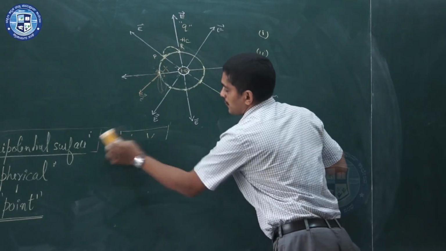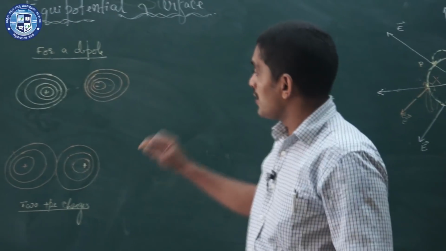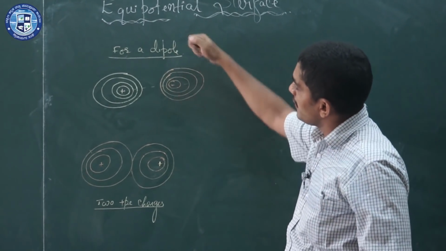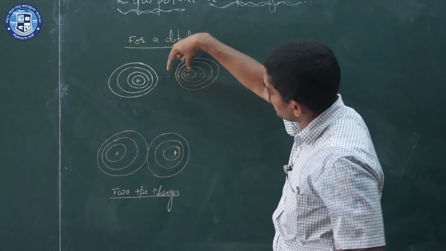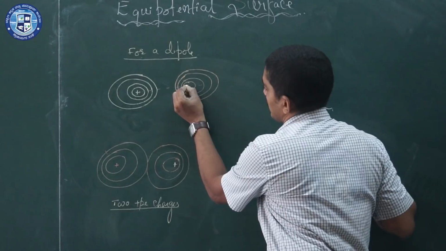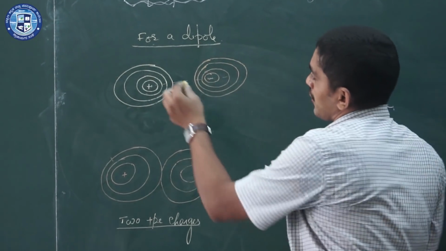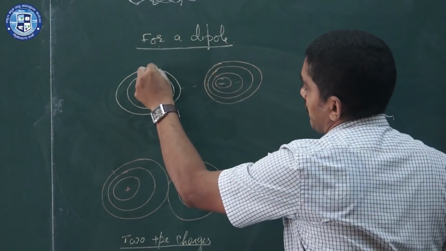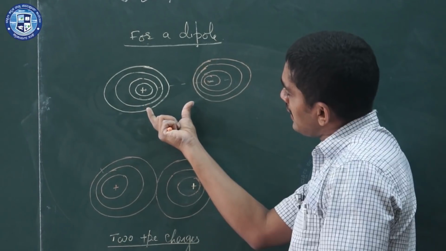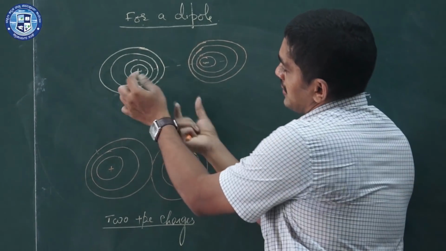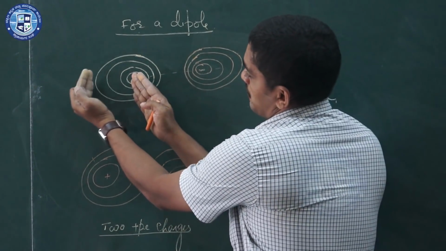So, you can think of a dipole: two equal and opposite charges, one plus and another minus, separated by a small distance. Now, if you think of the equipotential surface, it is a spherical one with a slight rearrangement: on this side there is a slight compression and on this side it is pulled out.